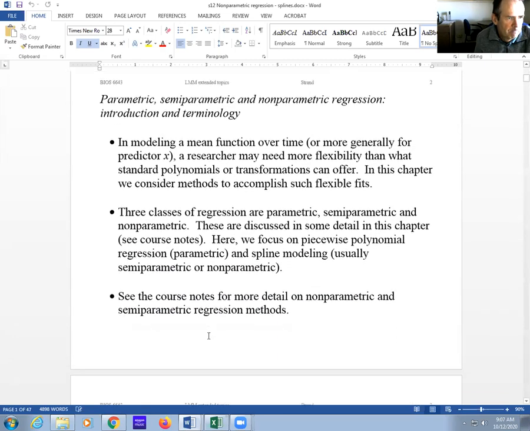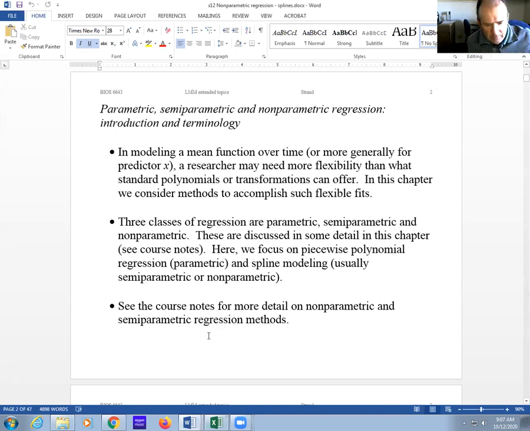I'm sure you have heard of the terms parametric, semi-parametric, and non-parametric. A parametric function is completely specified, has a number of parameters in it and a function that's well defined. A non-parametric function is something that's either not easily expressed as a compact function or can't be at all.